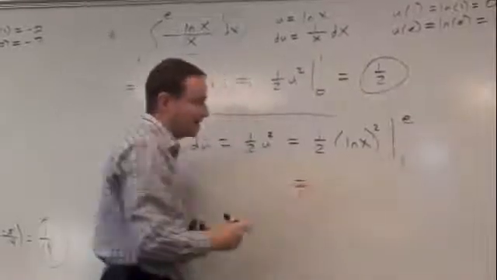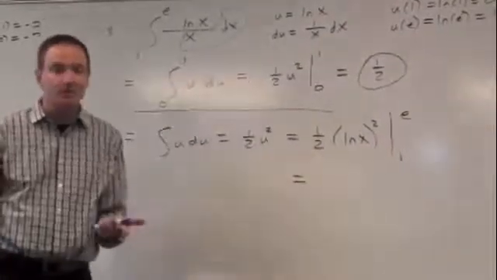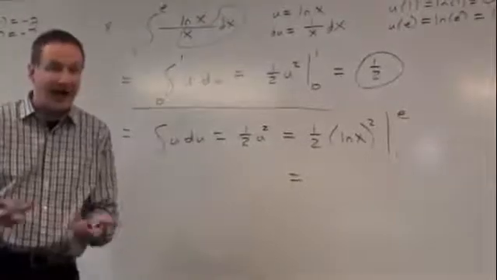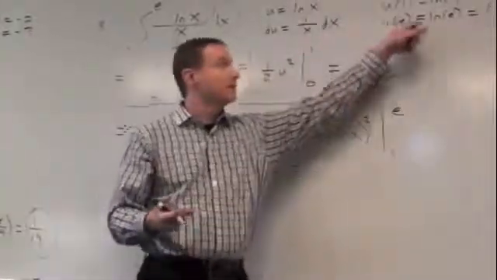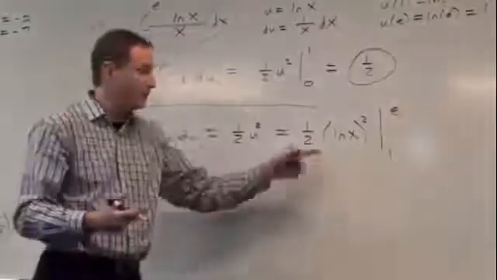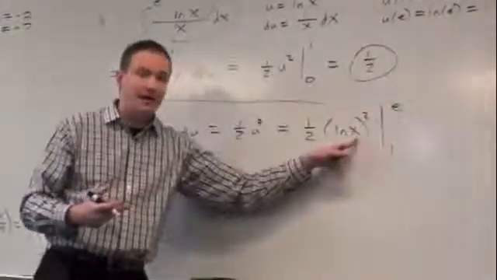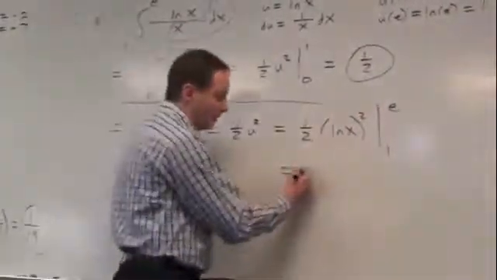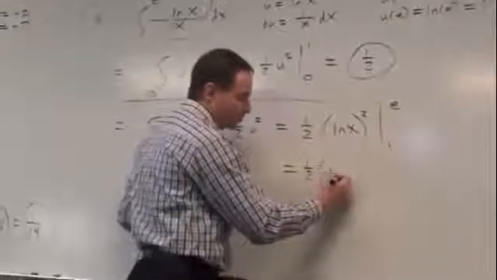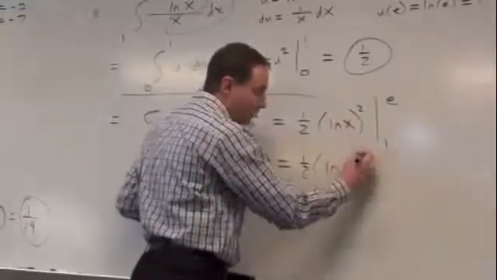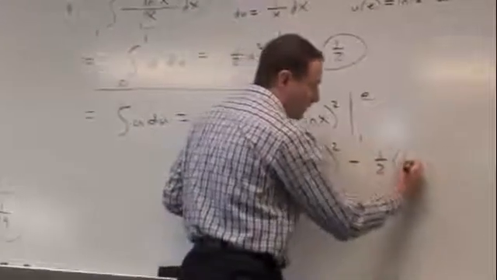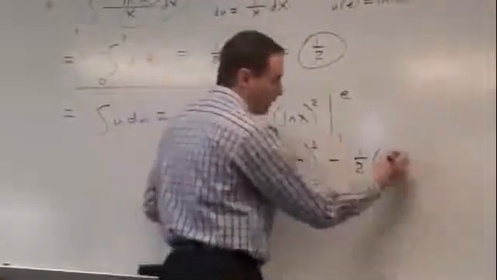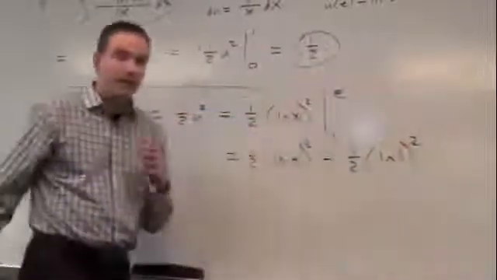So here's what I was trying to say: it doesn't matter which way, you're going to be doing the same work either way. It's probably a little bit more straightforward just to go ahead and change your limits of integration up front, because when I evaluate this, I get 1/2 the natural log of e quantity squared minus 1/2 the natural log of 1 quantity squared.